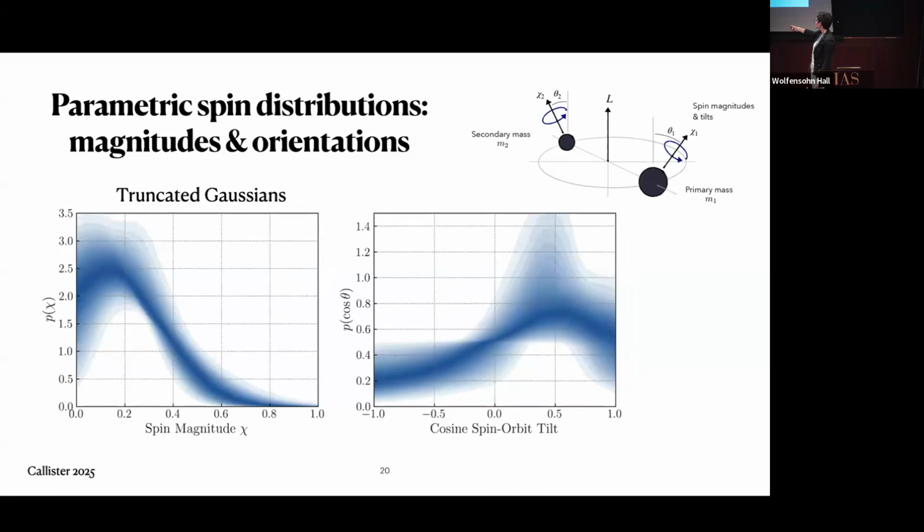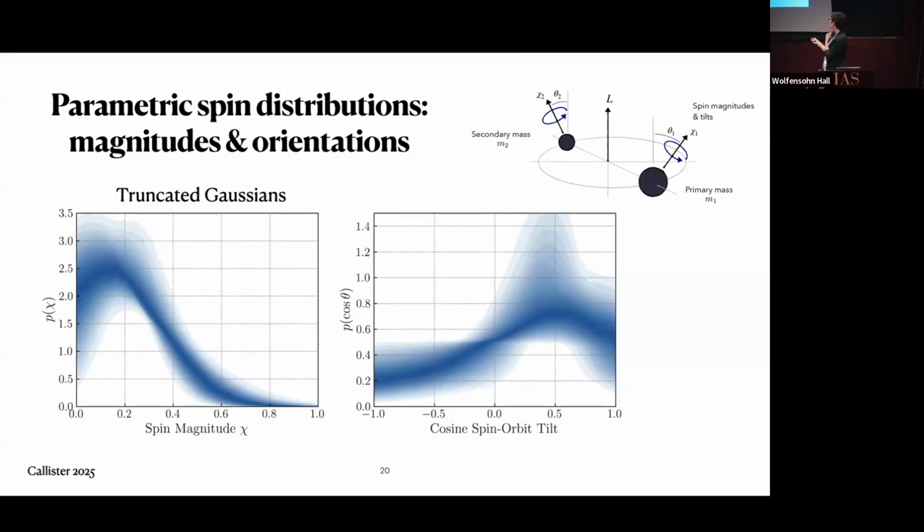If this was flat in cosine tilt, then that is like an isotropic distribution where it's just random spins. If it was peaked at cosine tilt of 1, that would mean that the most likely orientation is spins that are aligned with the orbital angular momentum.